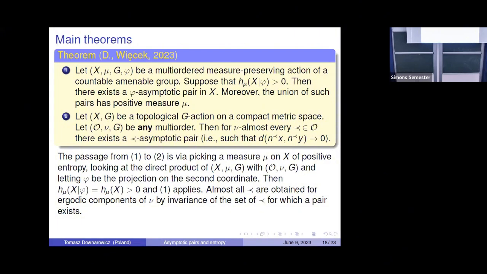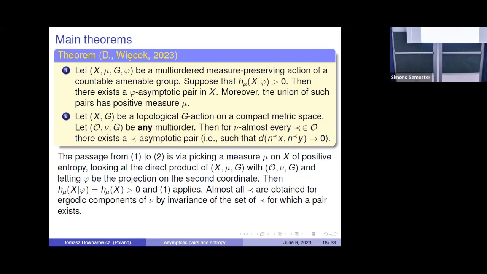You take a measure of positive entropy, and you look at the direct product of the measure preserving system on X with the multi-order. Then this system is multi-ordered by projection on the second coordinate. So we let phi be the projection, and then the conditional entropy, because this is a direct product, is the same as the entropy of the first coordinate, which we assume is positive.